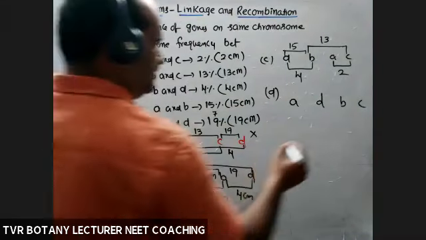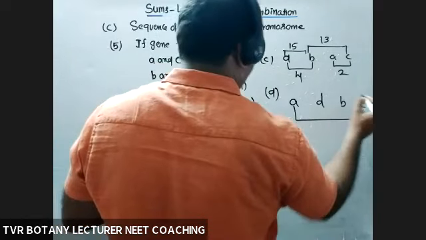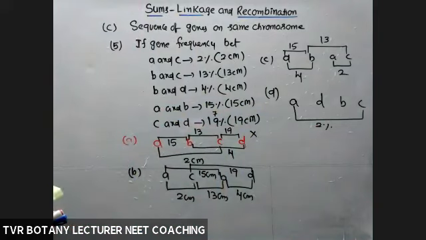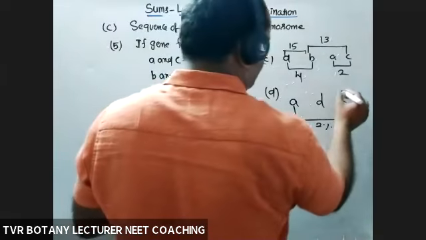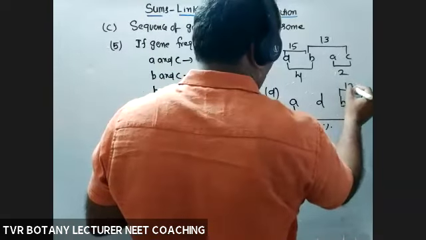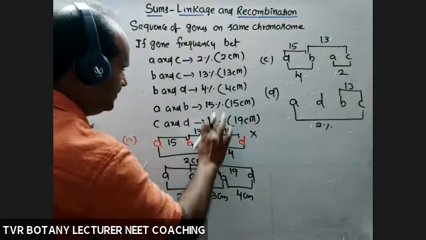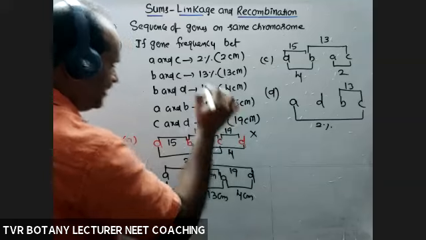Okay, so first AC, A and C, 2%. This is the wrong one. Definitely wrong. BC 13, utterly wrong. So change it. A small change is required. Instead of 19, data was wrong, I think. Take 17 centimorgan.